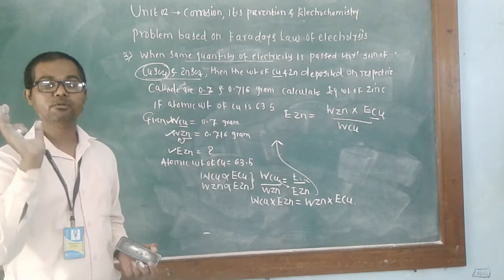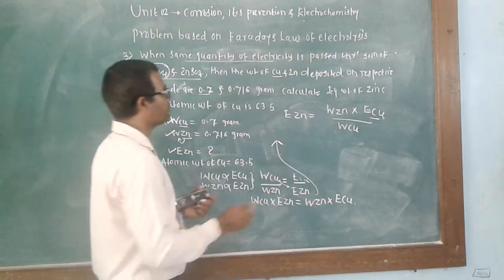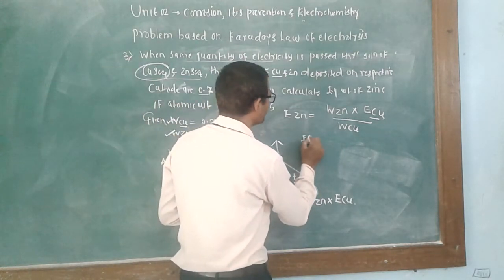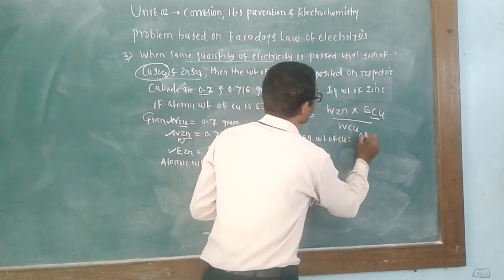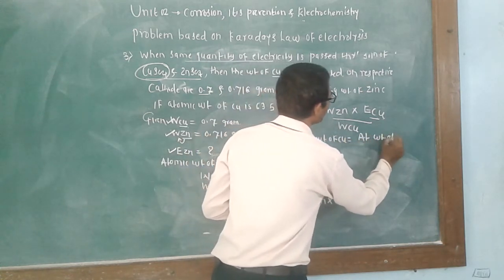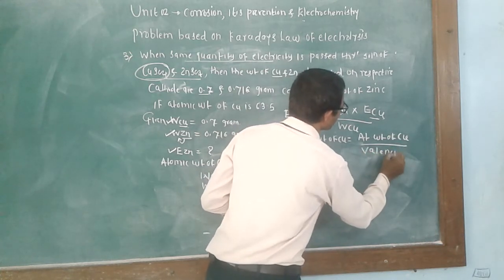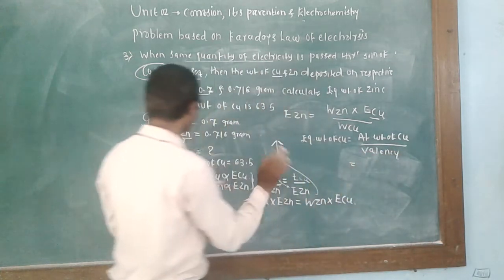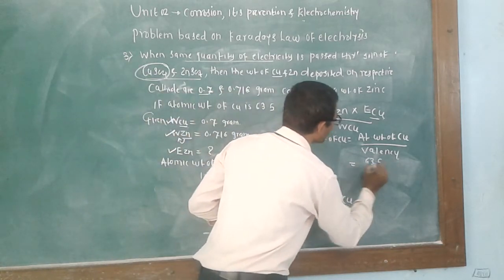So first of all we are going to calculate the equivalent weight of copper, and for that we use the formula: equivalent weight of copper is equal to atomic weight of copper divided by valency. The atomic weight is given, that is 63.5. So how to calculate the valency?